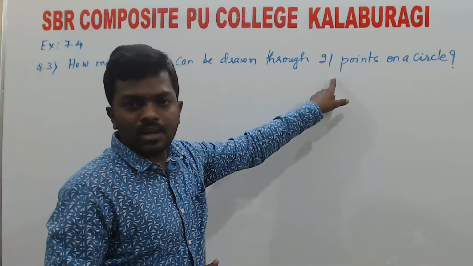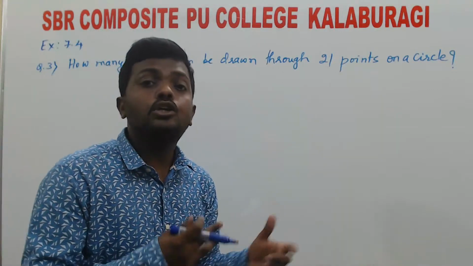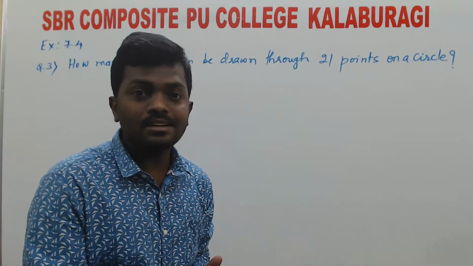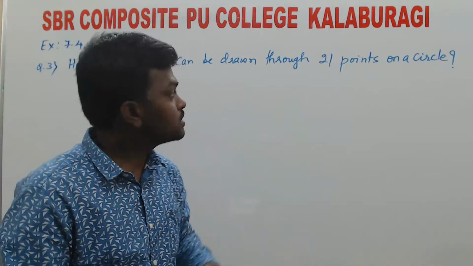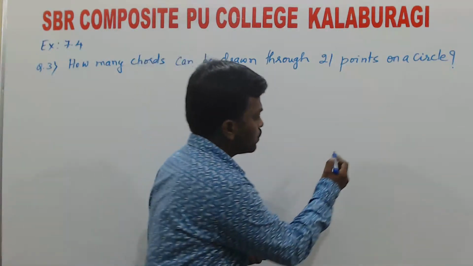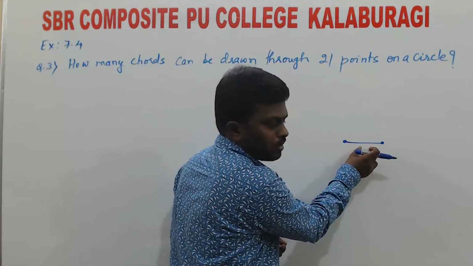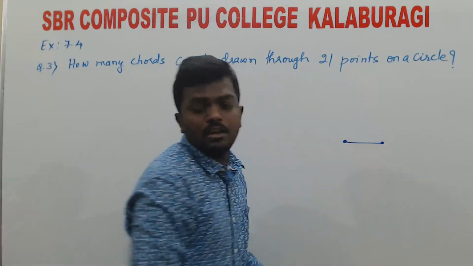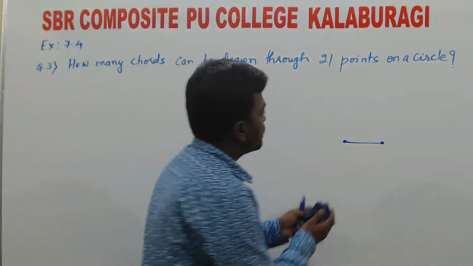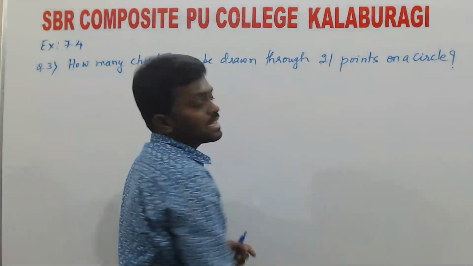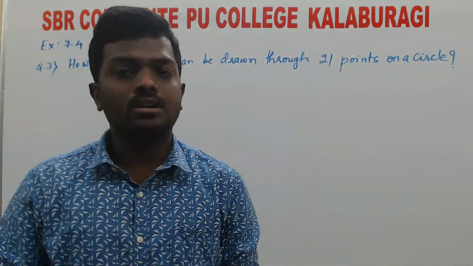So out of 21 points, you have to take two at a time. Is that clear? So if this is our chord, to form this chord, we need 2 points, right? So among the 21 points, we need 2 points at a time to draw a chord. Is that clear?